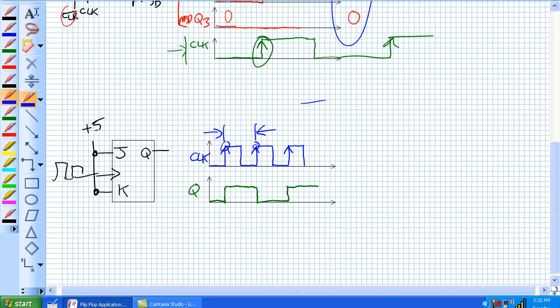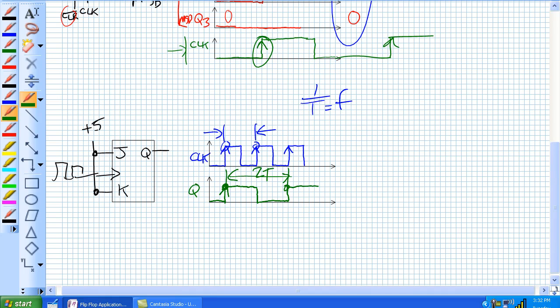Remember, 1 over T is equal to our frequency. So now look what happened here. At our output Q, it started here and it took twice as long, twice as much period, half the frequency. Pretty sweet, huh?